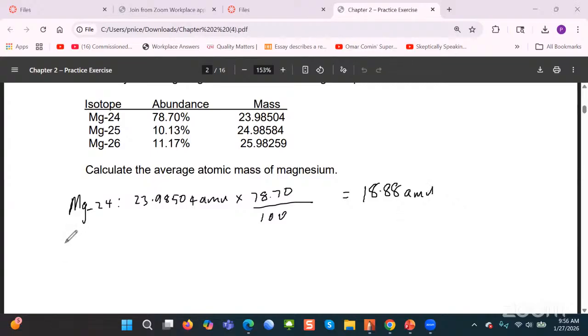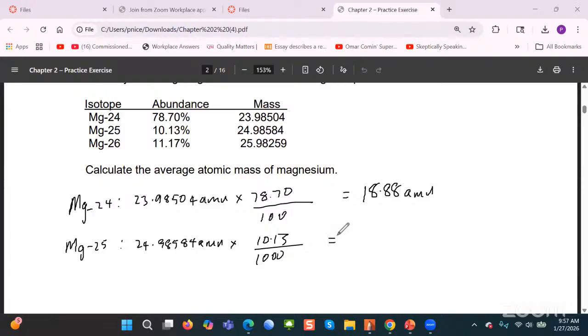Then you do the same thing for magnesium 25. In the case of magnesium 25, the mass is 24.98584 AMU multiplied by 10.13 over 100.